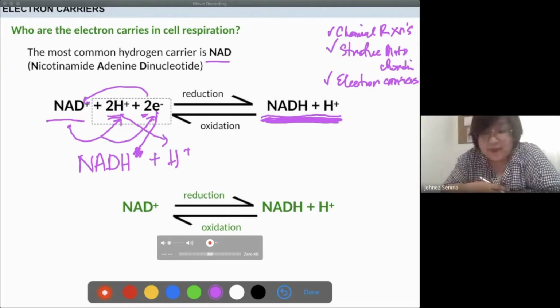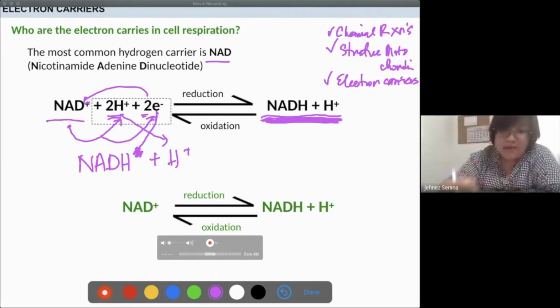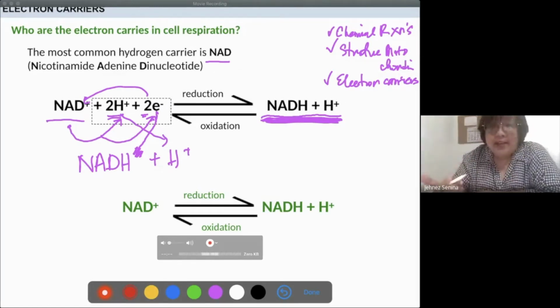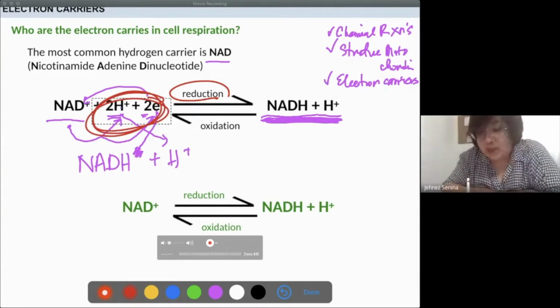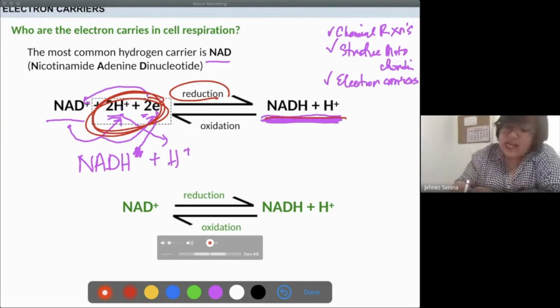Now, it picks up, gaining, so that's reduction. When NAD plus picks this up, it's reduced into NADH plus H plus.